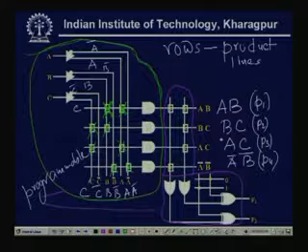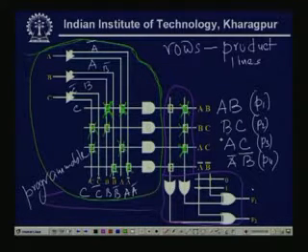Now, for F1, see, P1 means AB, then BC, AC, P1, P2, P3, all 3 are the inputs of the OR.